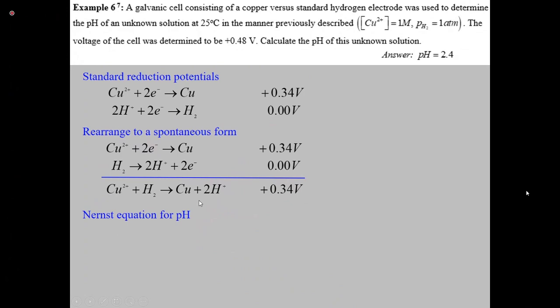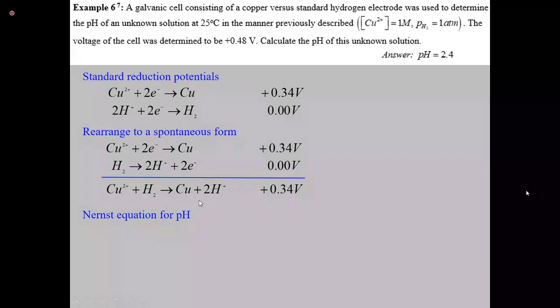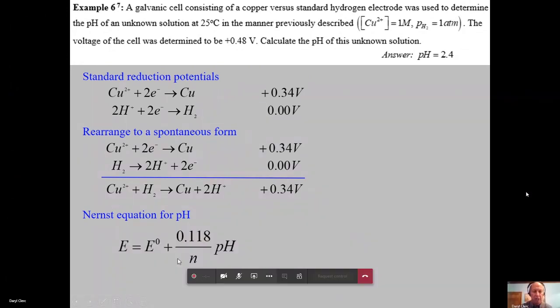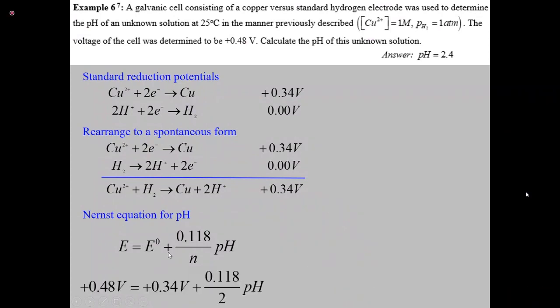So let's look at the Nernst equation for pH, which we just derived, and plug in these values. E was observed to be 0.48 volts, so we plug that in. E0 is 0.34. The 0.118 on 2, that's part of the derivation. We have 2 moles of electrons in this case.